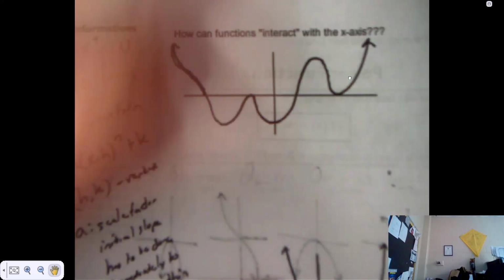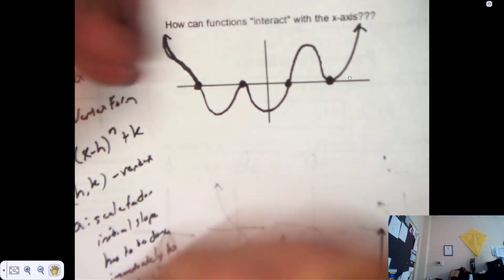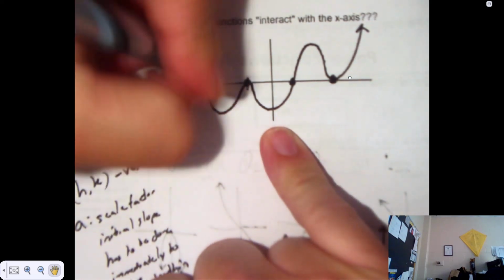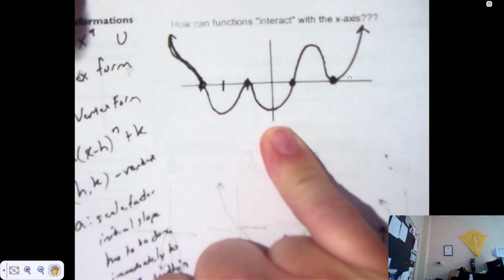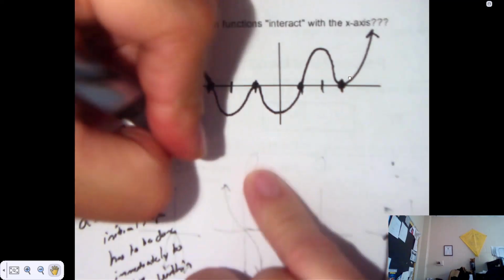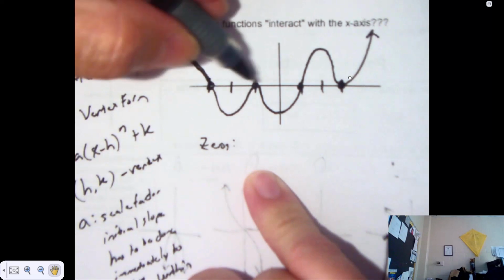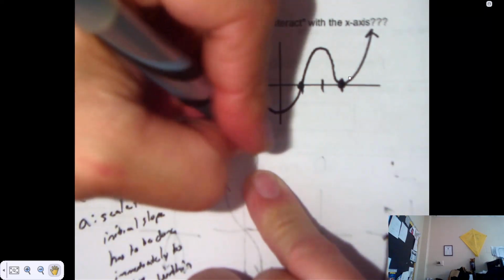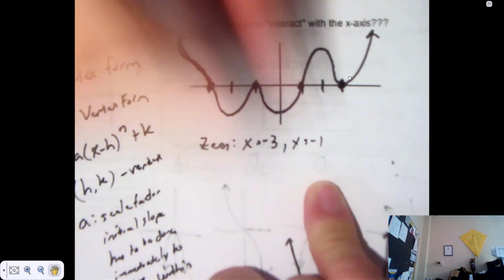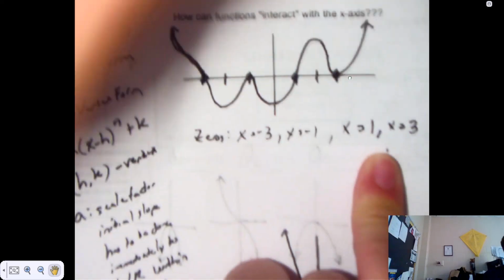Now, there's a couple little things on here that need to be talked about. First thing I want to talk about is these intersections. I have zeros. I'm going ahead and putting a grid on here. I have zeros at -3, -1, 1, and 3.